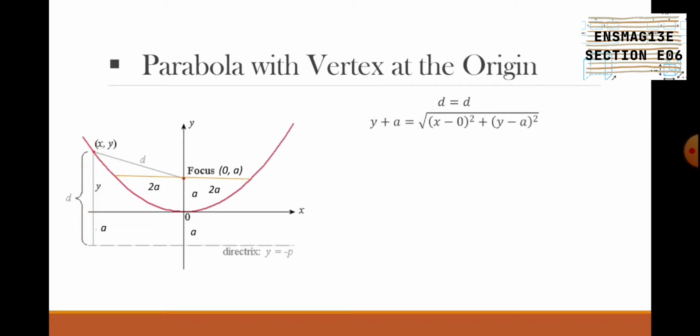giving us the distance from our directrix to a point equal to y plus a, and the distance from the focus to the point on our conic section equal to the square root of (x minus 0) squared plus (y minus a) squared.